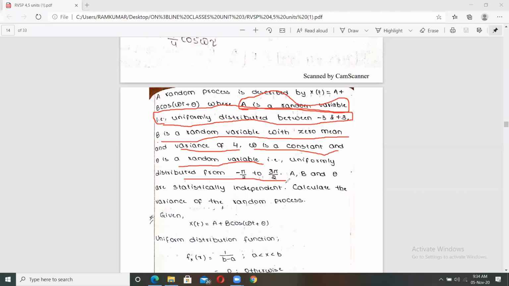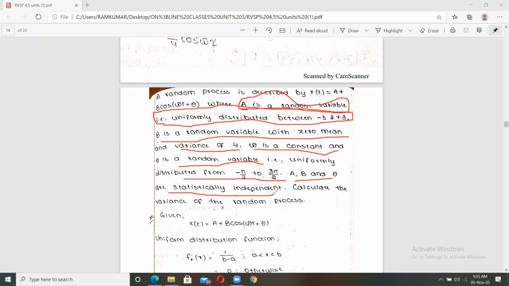And also A, B and theta are statistically independent. That means A, B and theta, these all are independent random variables.